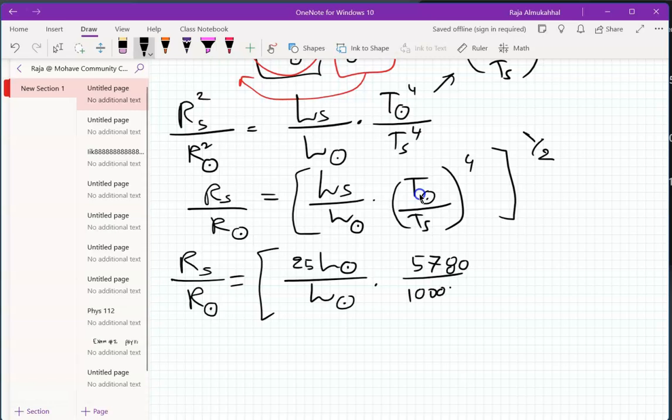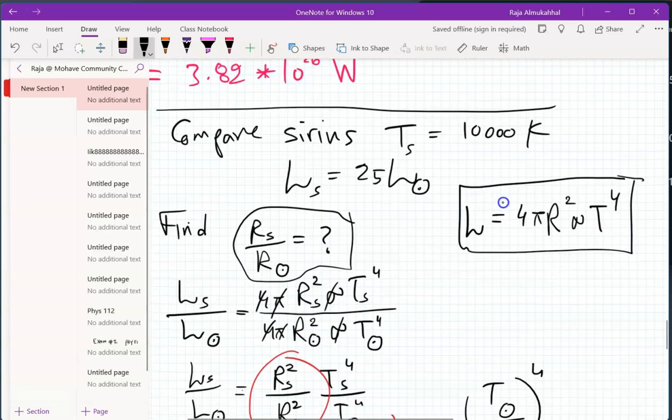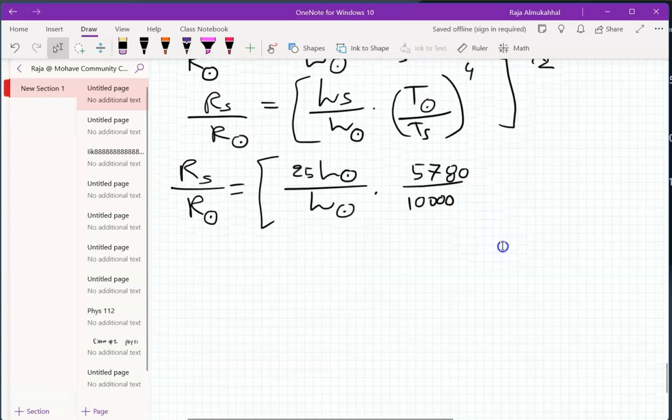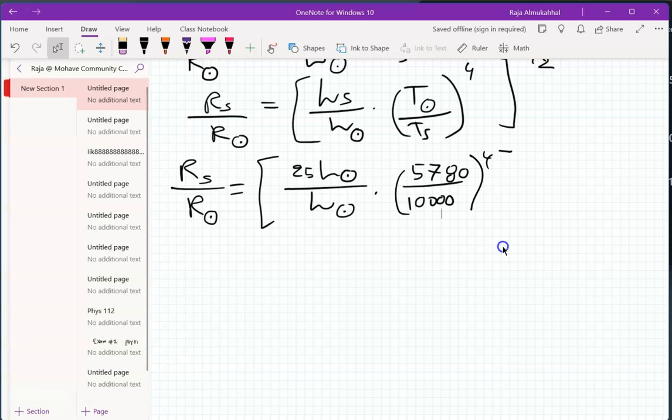It's given to us as well. It's right there. That's for Sirius. And then from the formula sheet you can find the one for the sun. Don't forget that this is to the power of 4, and then to the power of square root, to the power of 1/2. So those two cancel out, and then what's left here really is just to do the algebra.